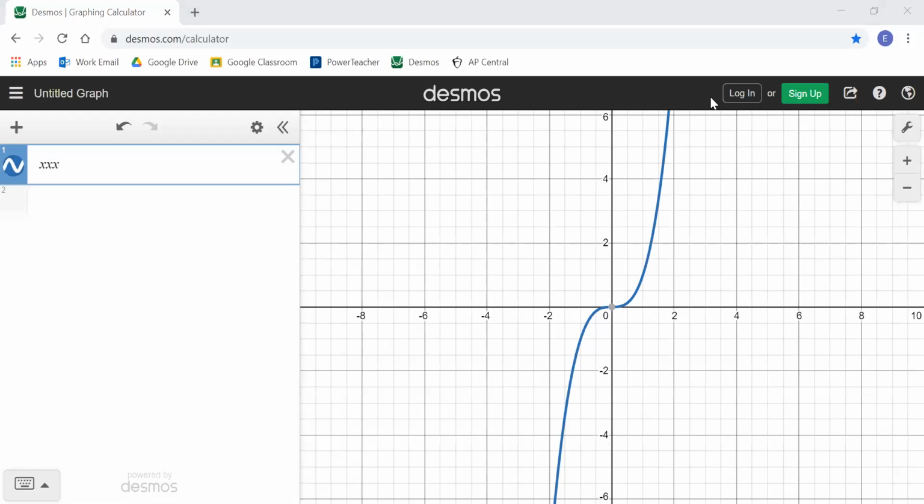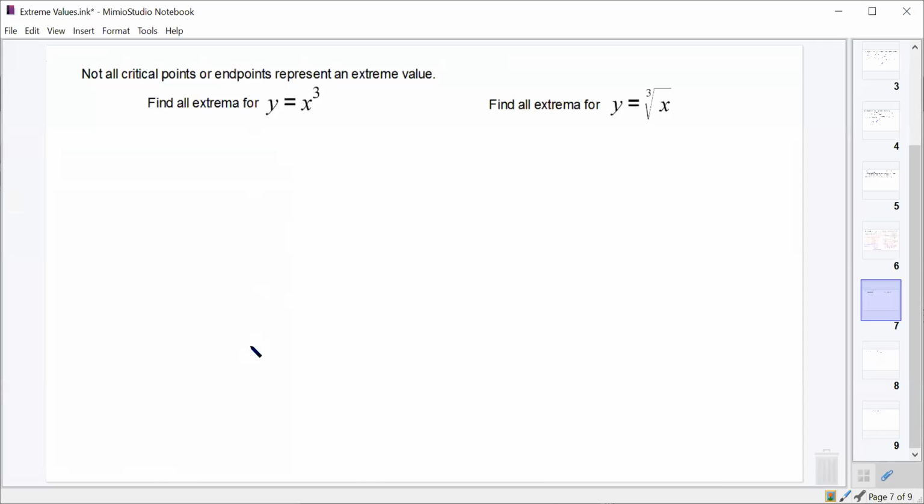So when we go through and do this, we should show that no matter where we find a critical value on this, it's still not an extreme. So let's find the critical values by taking the derivative. Y prime is 3x squared. And we know that this is never undefined, right? 3x squared is always defined.